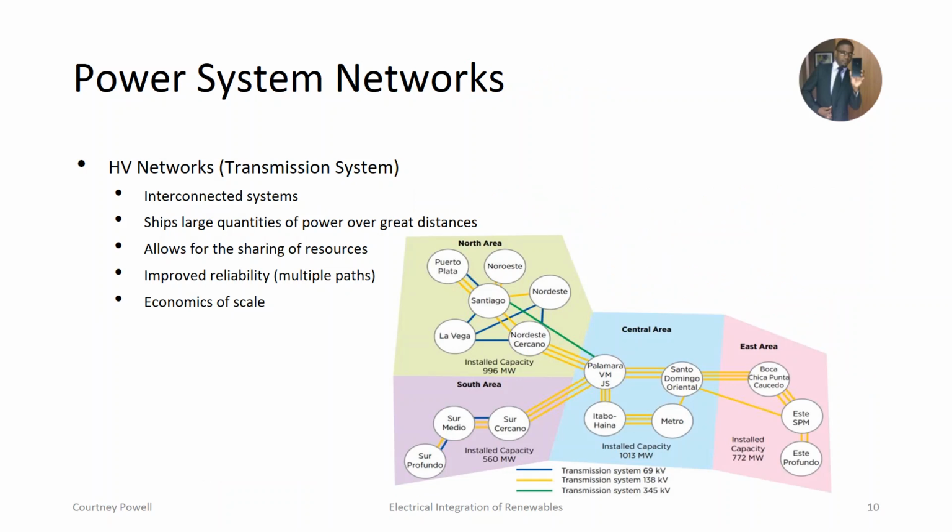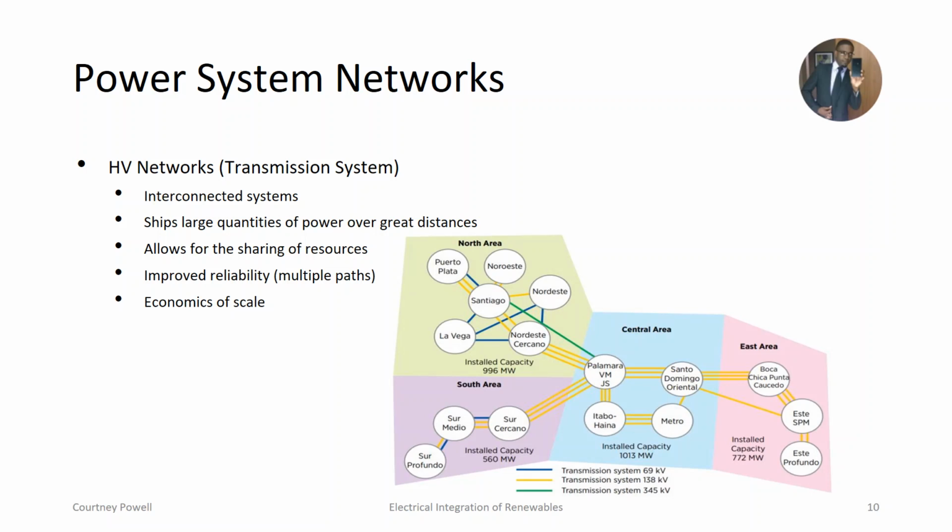In terms of power system networks, we look at the HV network, or the transmission system. It is usually an interconnected system. The purpose of it is to basically transmit or ship large quantities of power over great distances, right?